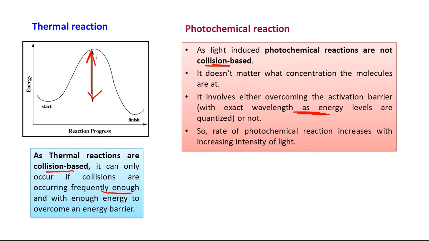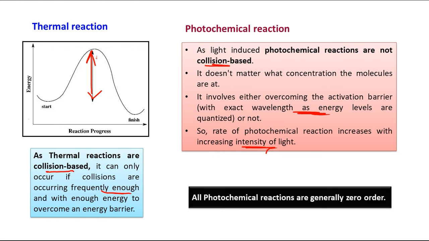The rate of a photochemical reaction increases with increasing intensity of light. That means when the number of photons is high, only then is it possible. It has nothing to do with collision. So that is the reason we can say that all photochemical reactions are generally zero order.